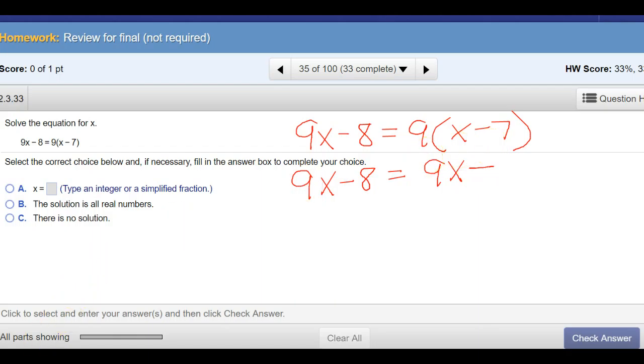And then 9 times is 63. And we're going to subtract our... Uh-oh. Now, when we did this, we end up with an untrue statement. Now, this is not true. When we are solving equations and end up with an untrue statement, there is no solution.